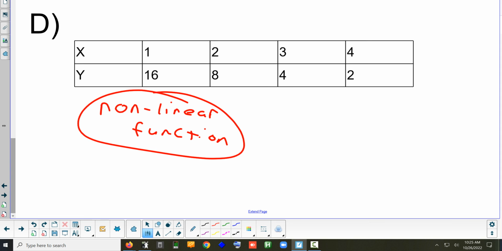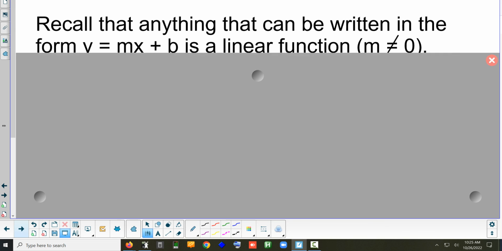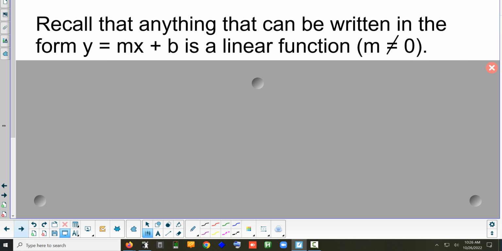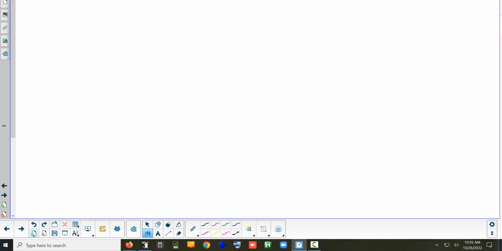All right, so we've looked at determining if something is a function by looking at a picture, looking at a table. Now, the last thing we're going to do is look at a formula. Remember, for something to be a line, it has to be able to look something like y equals mx plus b.